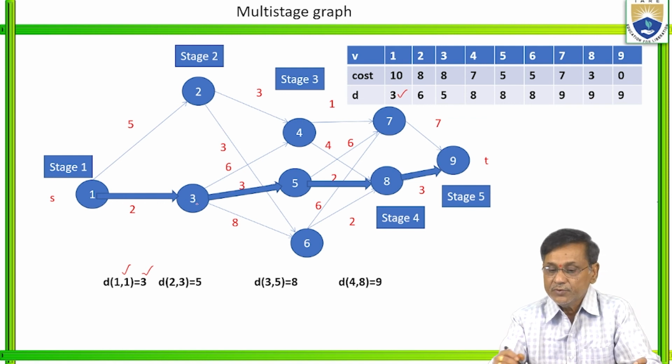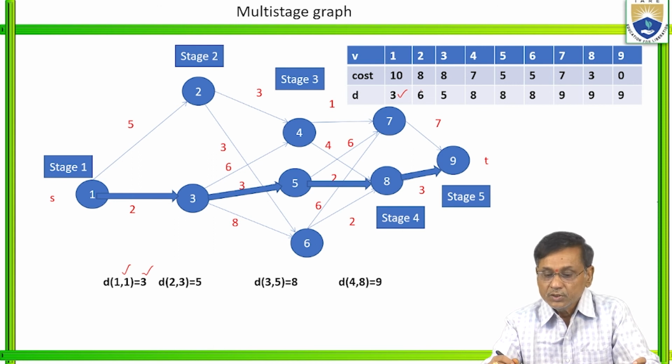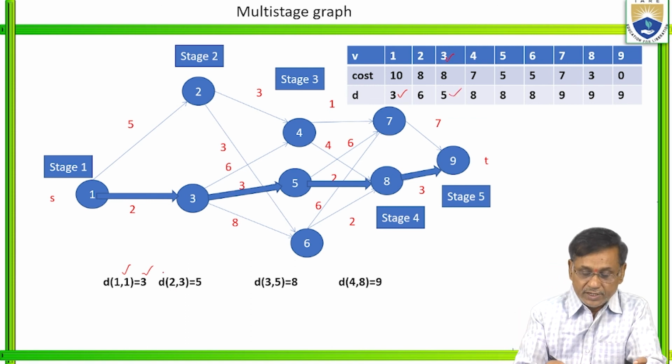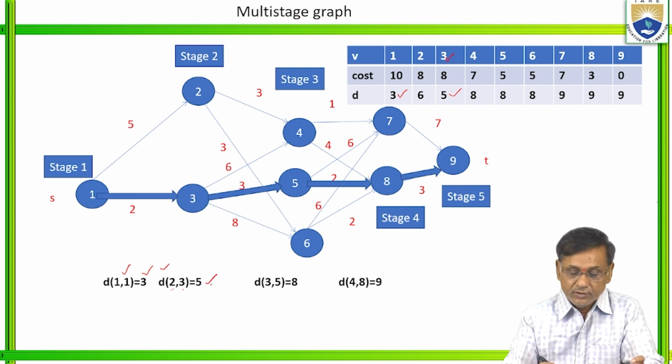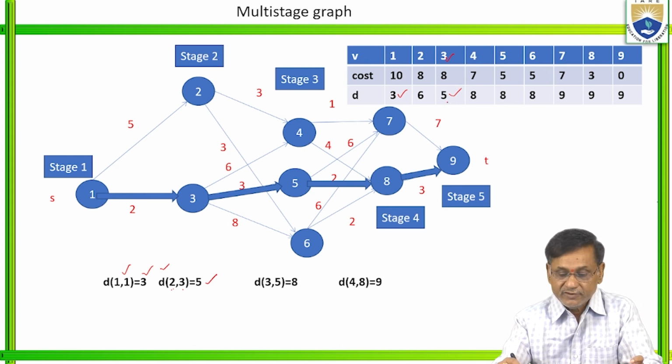From 3, where are we going? 3 to 5. 1 to 3, then 3 to 5. So, you can write destination of stage 2, third vertex is equal to 5. So, 5 is the next vertex.